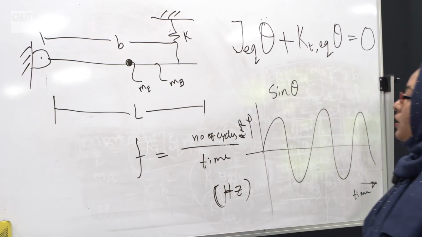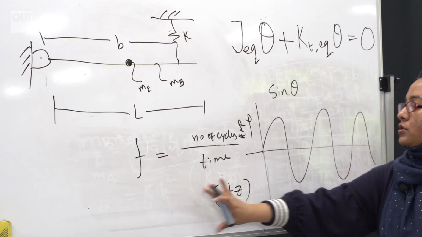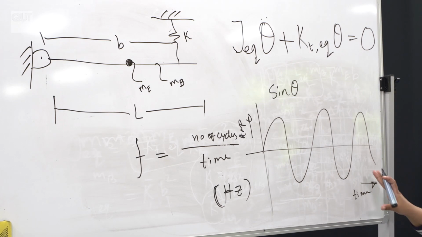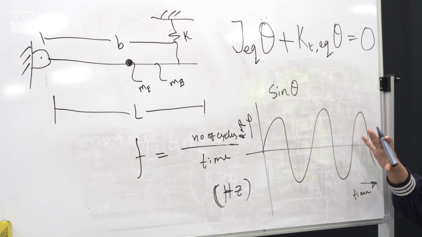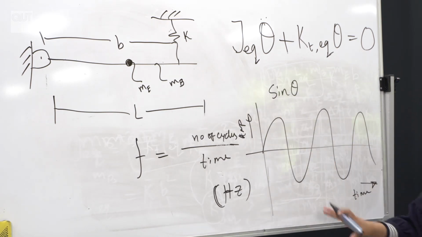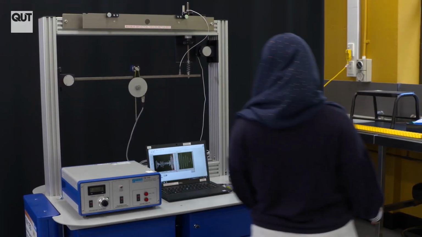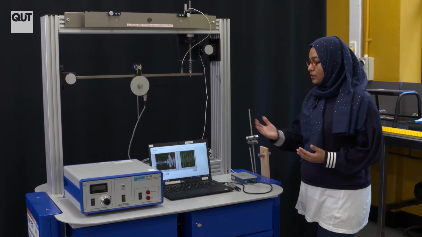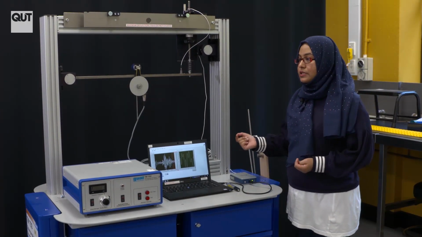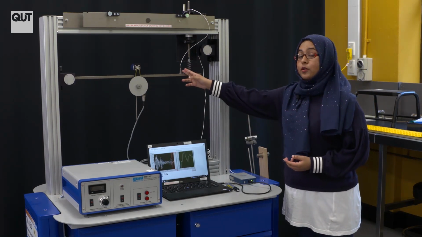From these equations and this diagram, we can expect the free vibration system would behave like this. That means once it vibrates, it continues vibrating continuously.